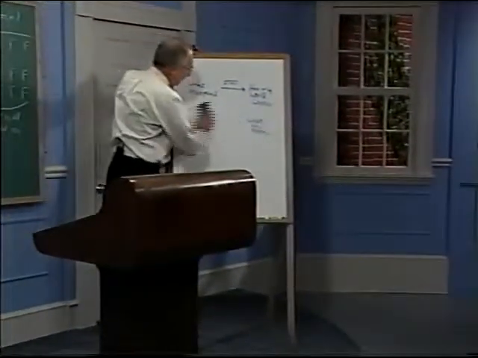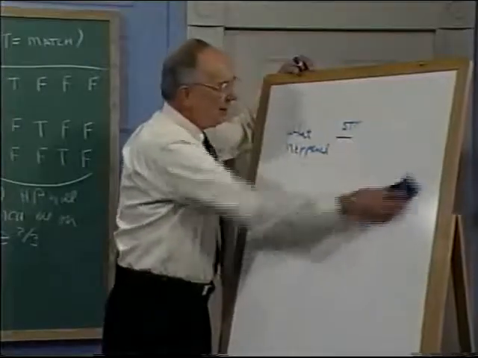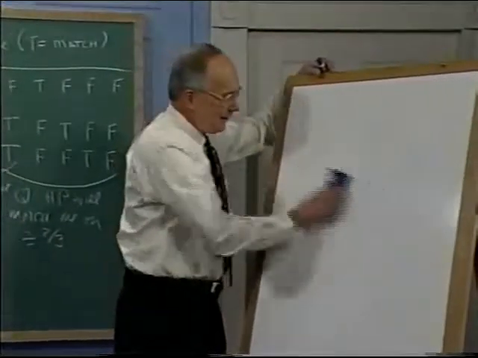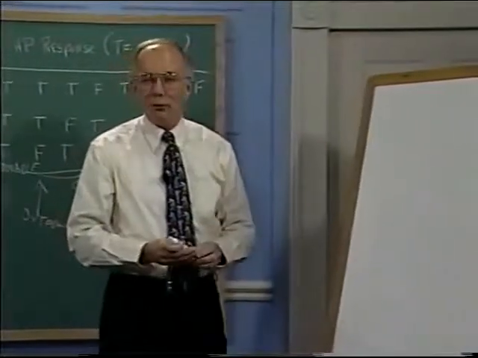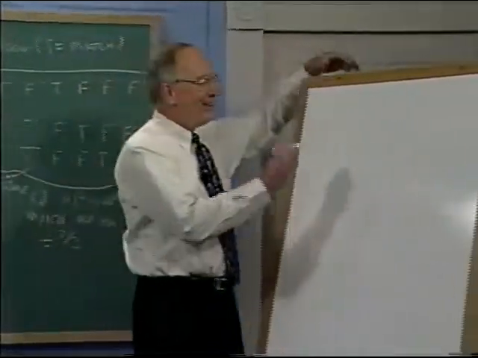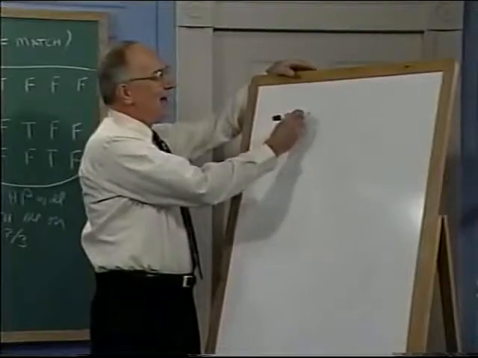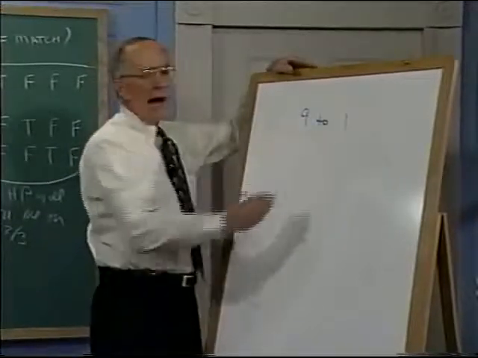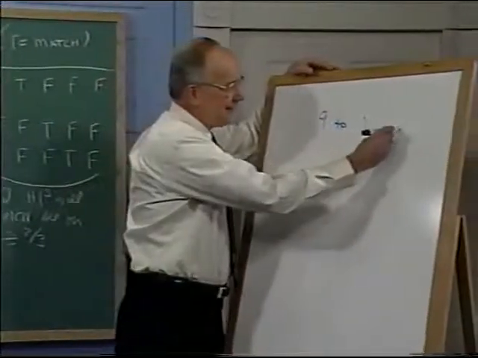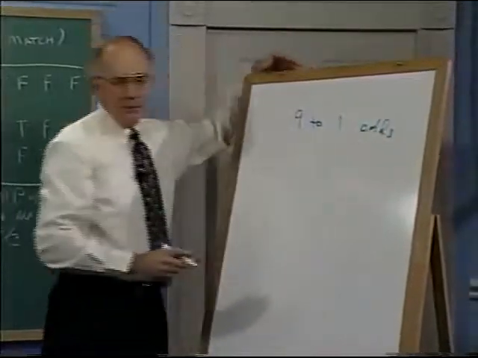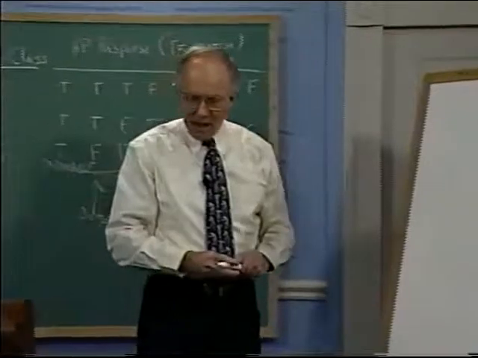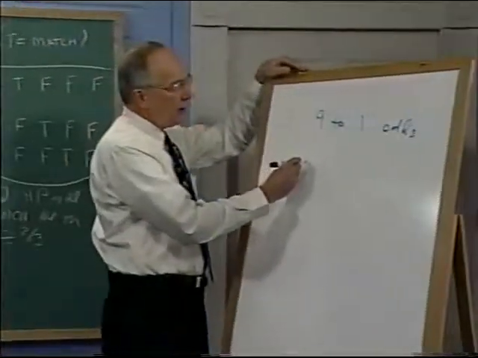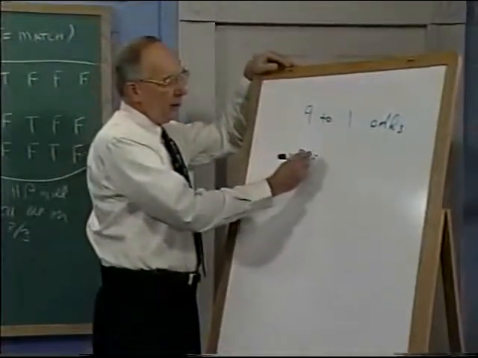Let's say that a horse called Stewball, or whatever, has 9-to-1 odds. Okay? 9-to-1 odds on the horse. That means its probability is 1/10.